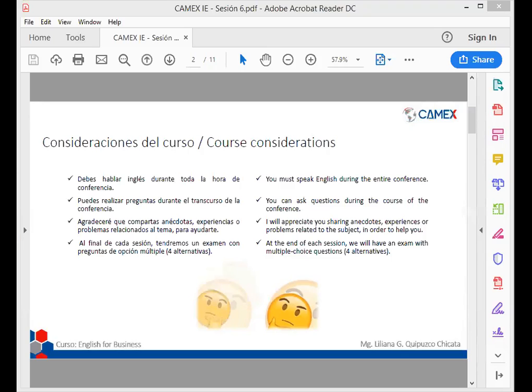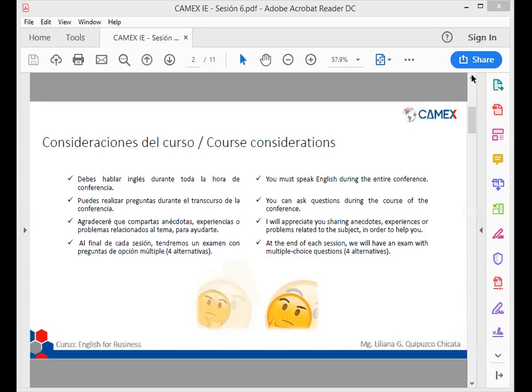You will need to write your personal information, your name and your email, and you're going to find not only questions from today's session, but also some questions to let us know how today's class was.